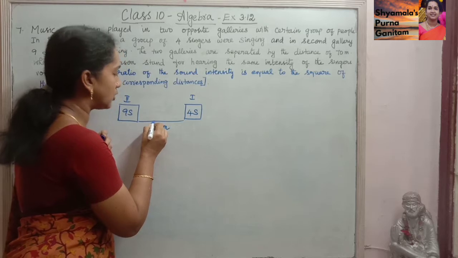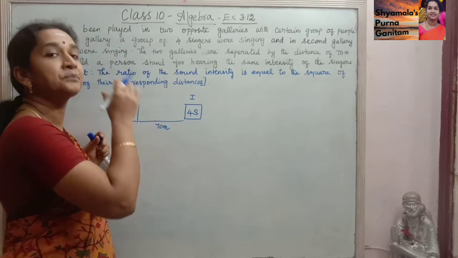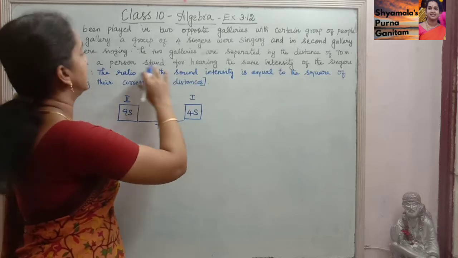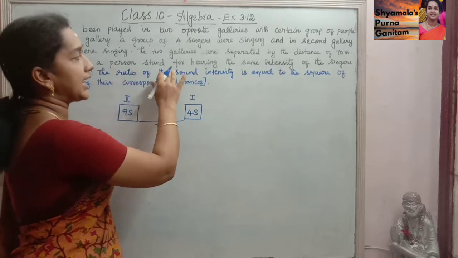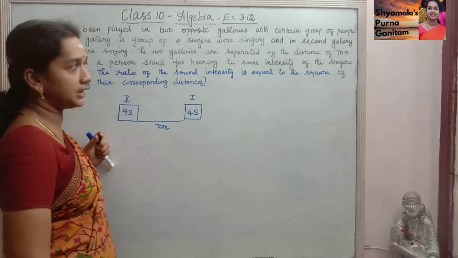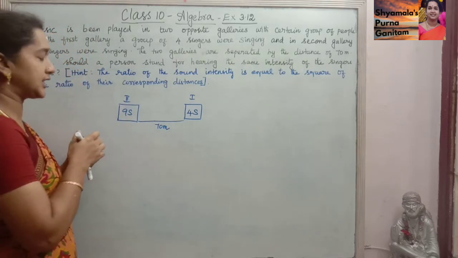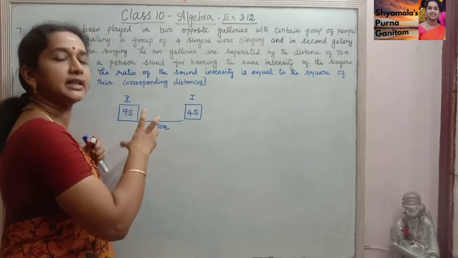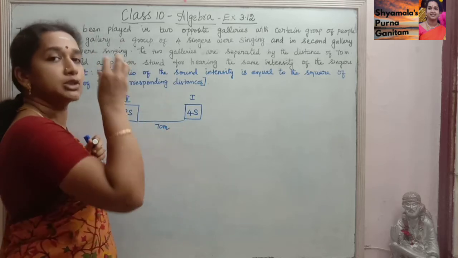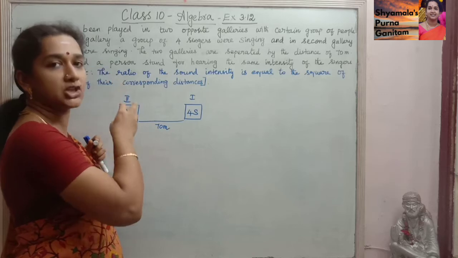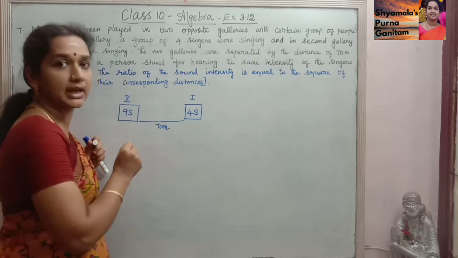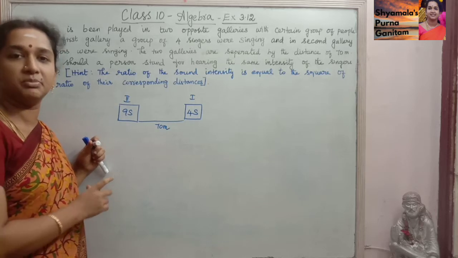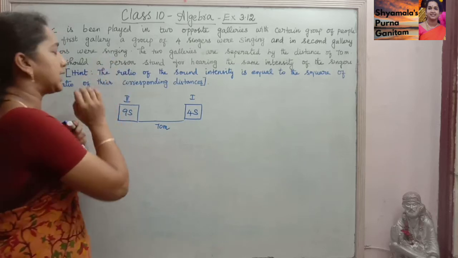That position is what we are asked to find. Here 9 singers are singing, here only 4, so the intensity will vary. We have to find the position where the person can hear both voices with the same audibility. For that, a hint is given.